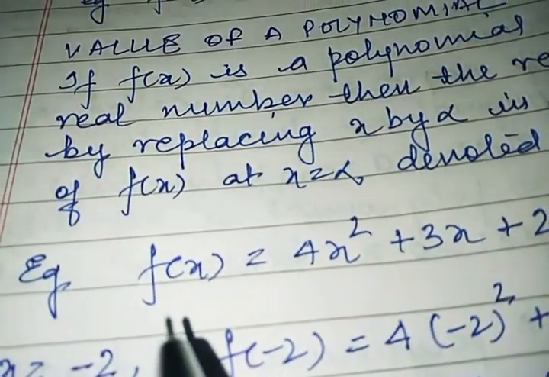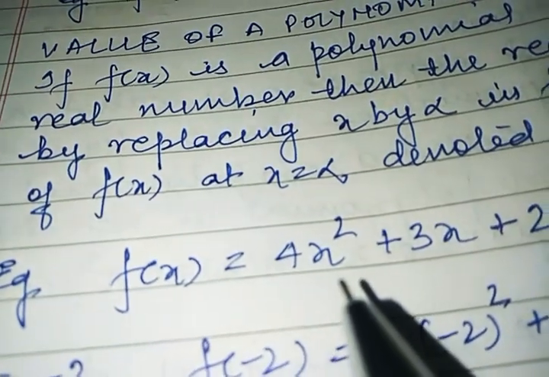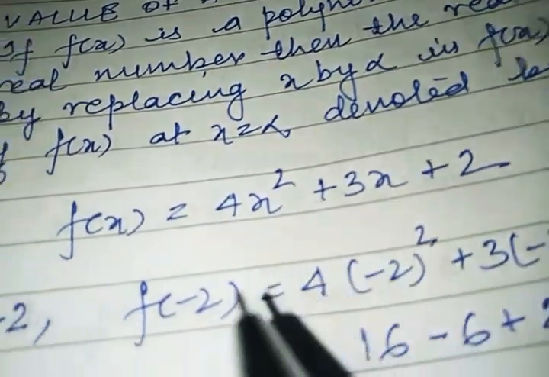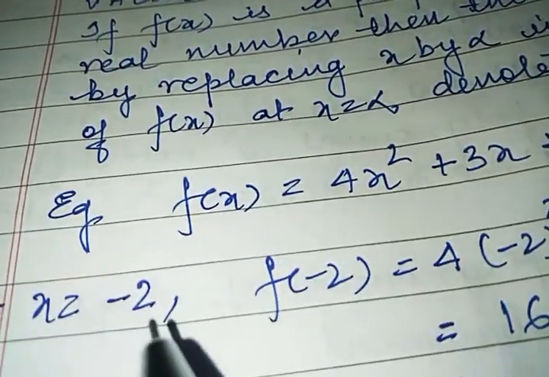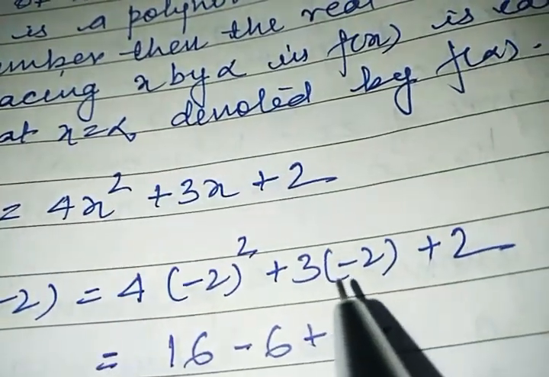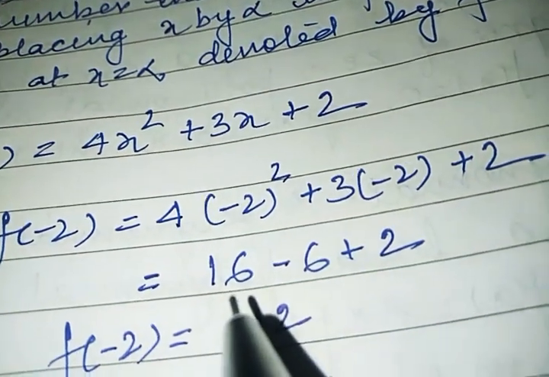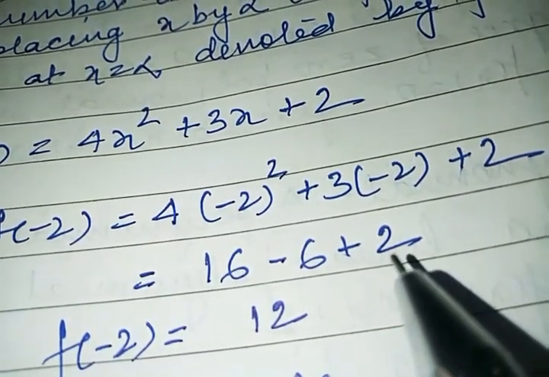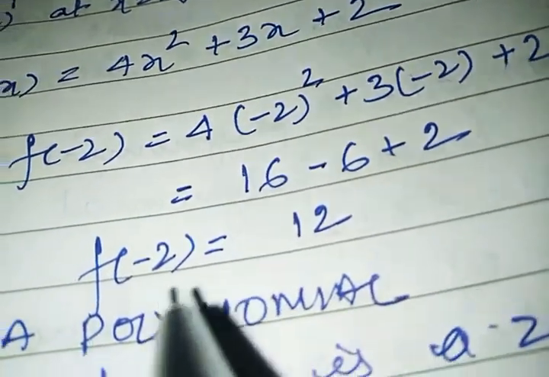See here, if f(x) = 4x^2 + 3x + 2, then at x = -2, we'll get f(-2) = 4(-2)^2 + 3(-2) + 2. This is 16 - 6 + 2, which is equal to 12.